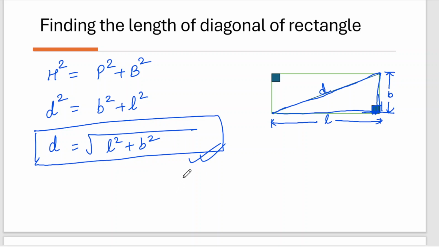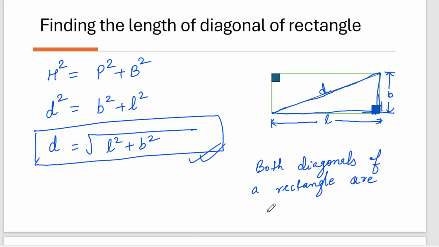One important thing that you can remember: if you know the length of one diagonal of a rectangle, you know the length of the other diagonal also. How? The property is both diagonals of a rectangle are equal.